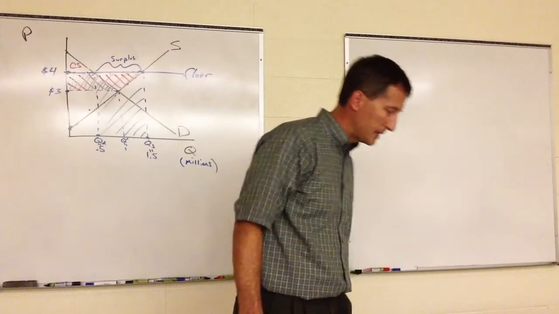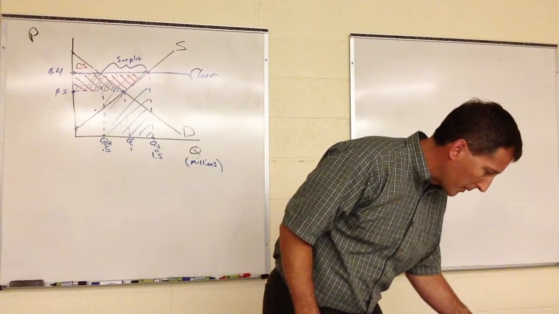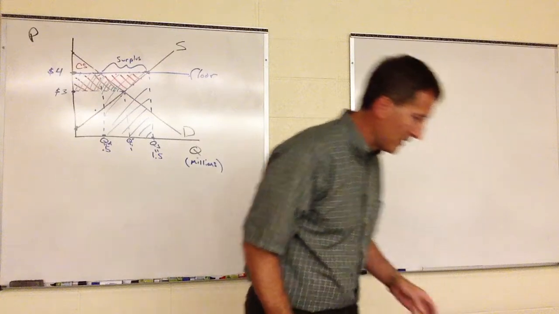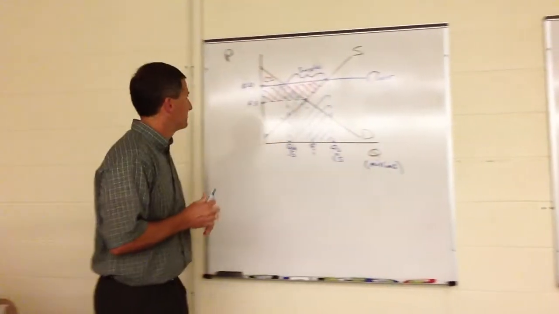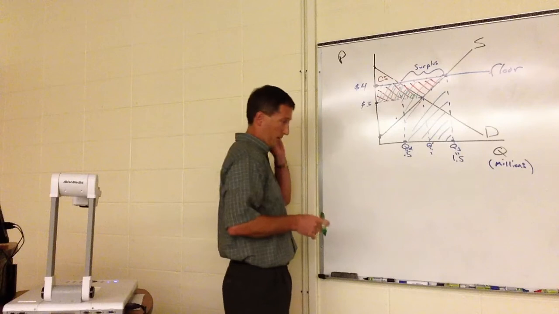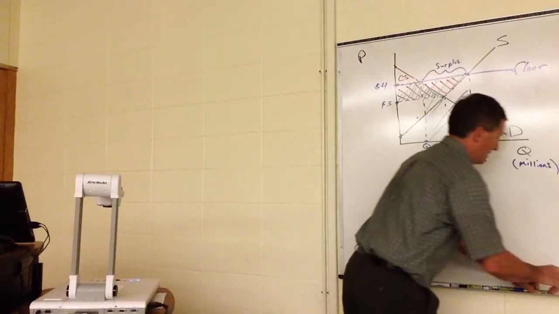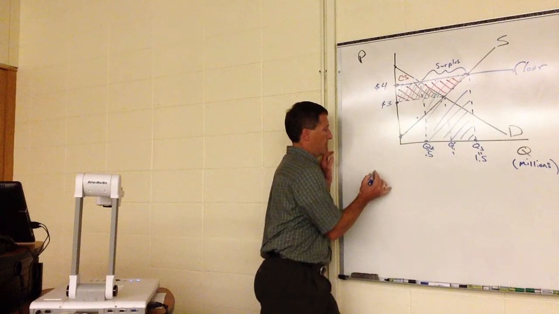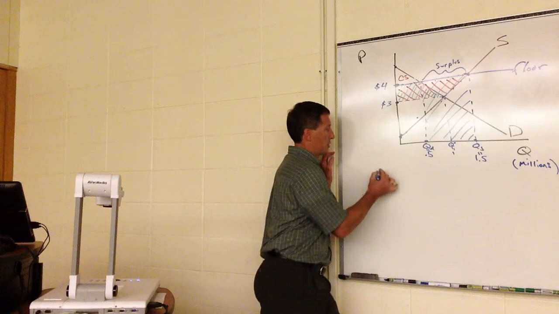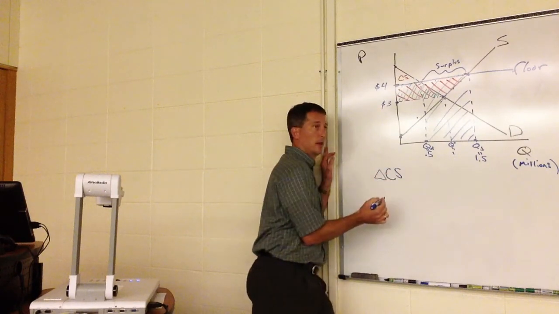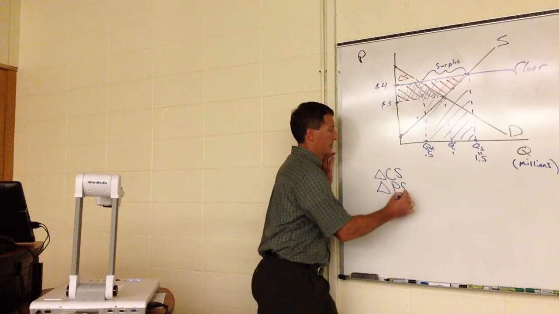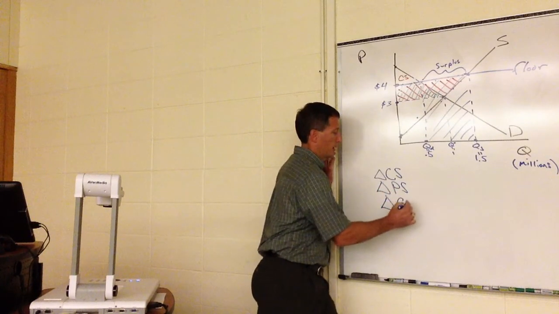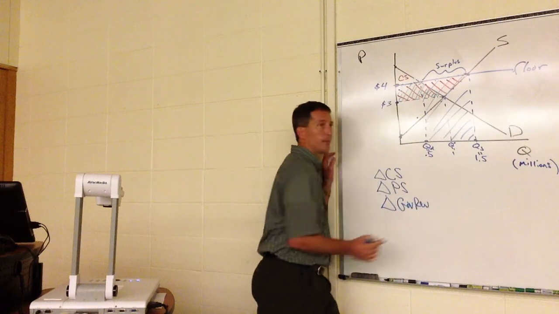I also have D. What do we got? Society loss. Oh yeah, this is a good one. So for society's loss, we want to look at in general, the change to consumers, the change to producers, and the change to government revenue.